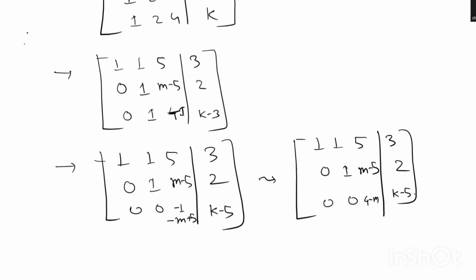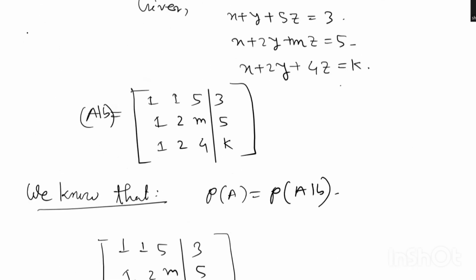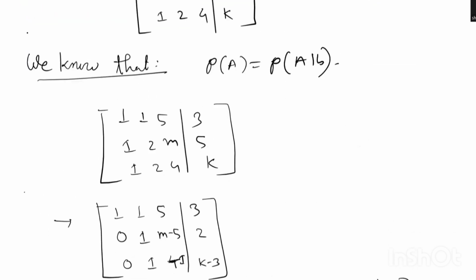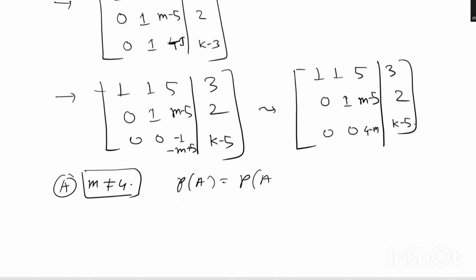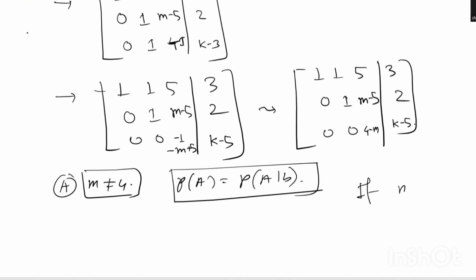Now check the first option, which says m is not equal to 4. We check whether the rank of A equals the rank of the augmented matrix. If m is not equal to 4, then 4 minus m is not equal to 0.